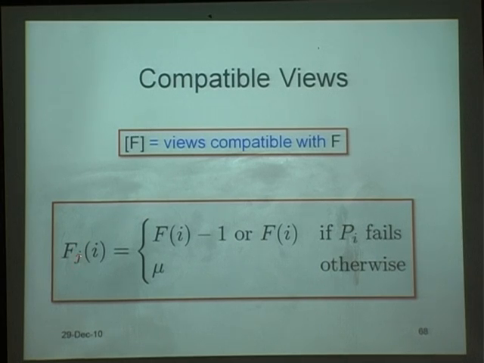And F sub j is j's view of what happened, which says that either you see F minus 1 or you see F sub i if P i fails, and you see mu otherwise. So you might get a message from the process in the round that it failed. So I might get a round I message, and you might not, or vice versa. So we have that same kind of one round ambiguity about when things fail.